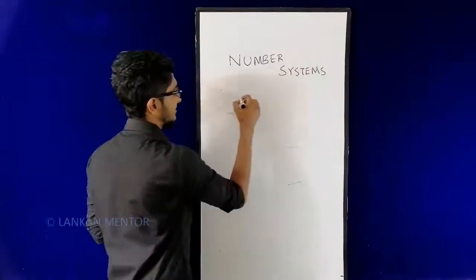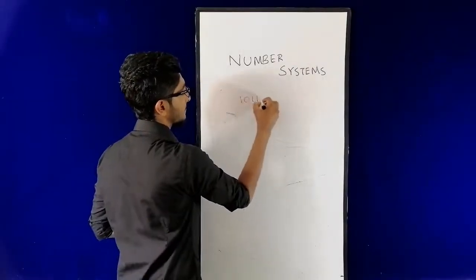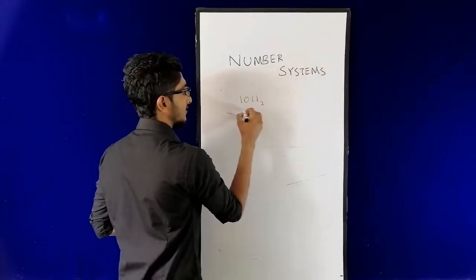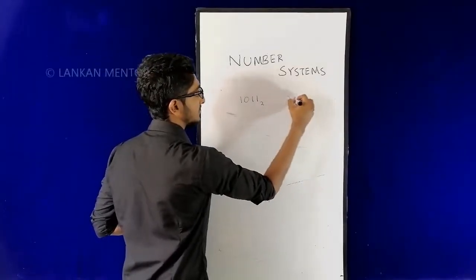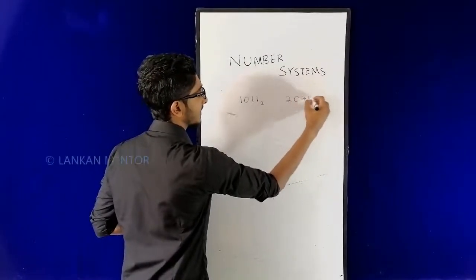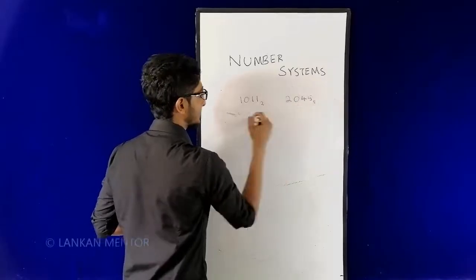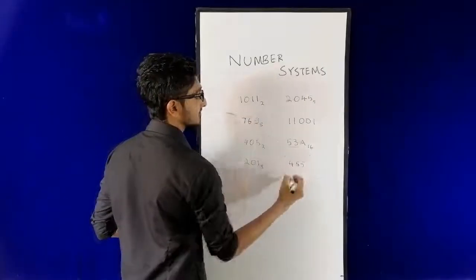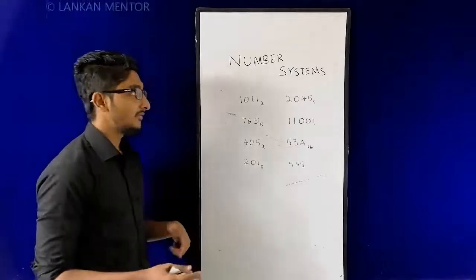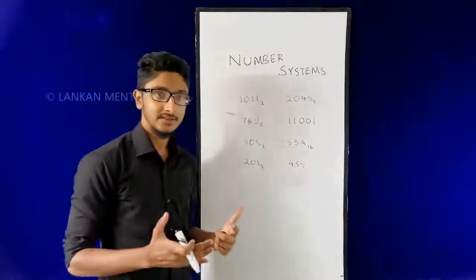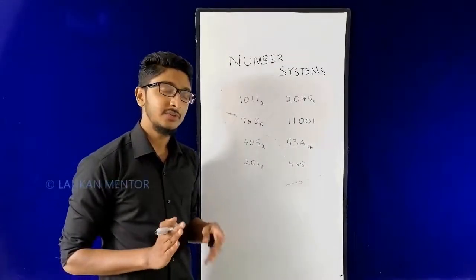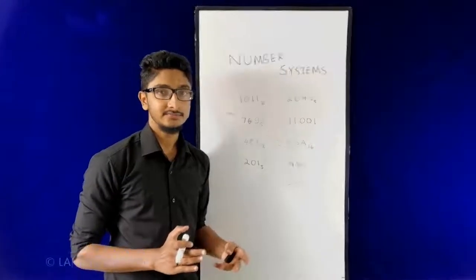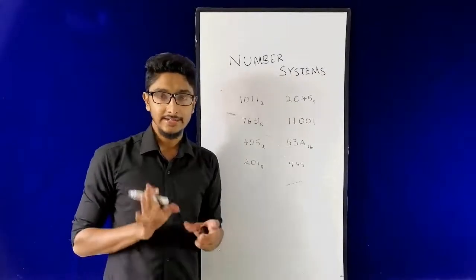Okay, now let's say this is 2045 base 8. Okay, now we have different numbers, right? I'm going to tell you which numbers are valid. Valid means correct.